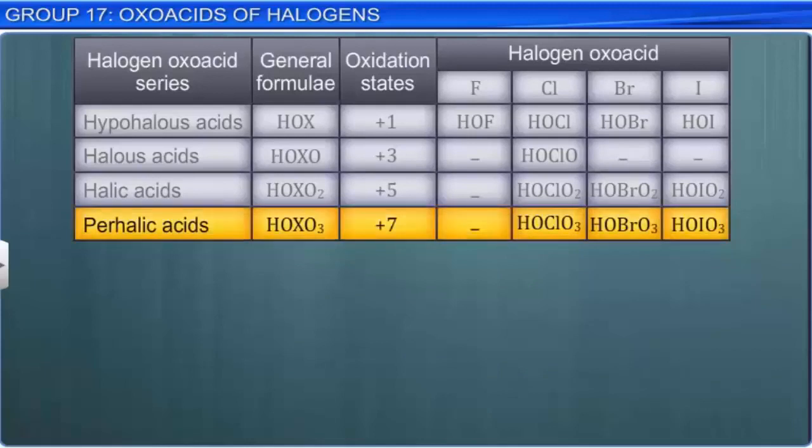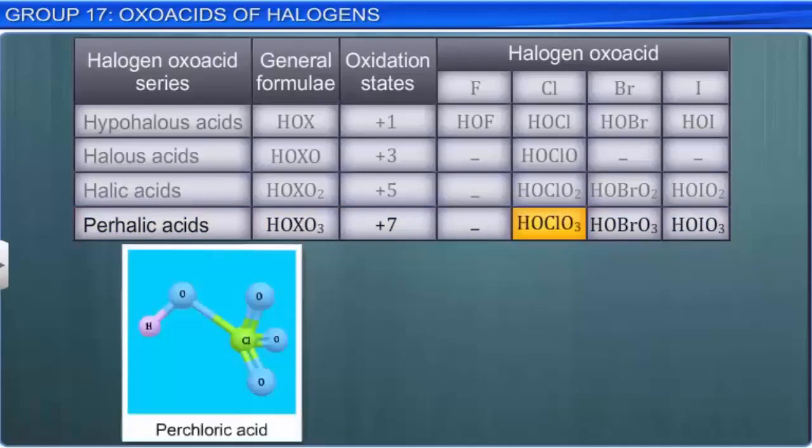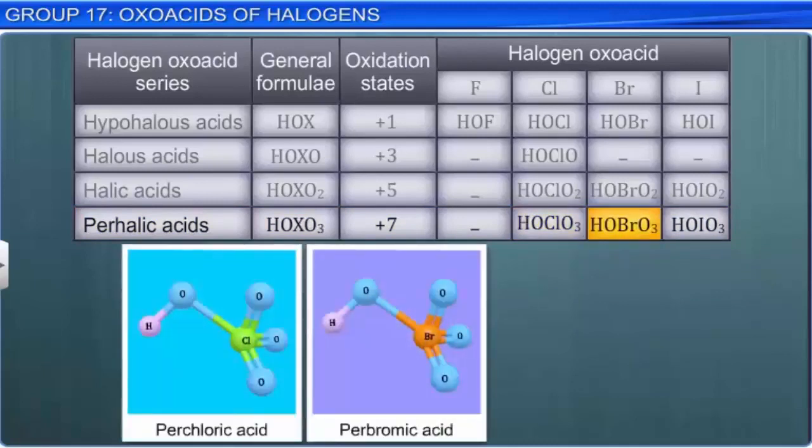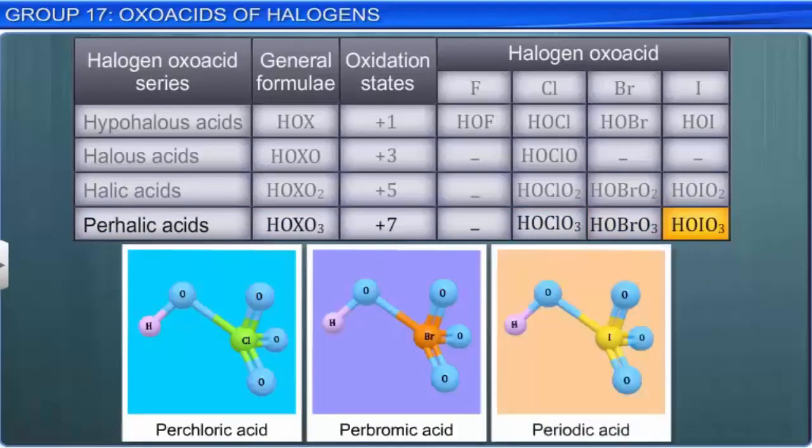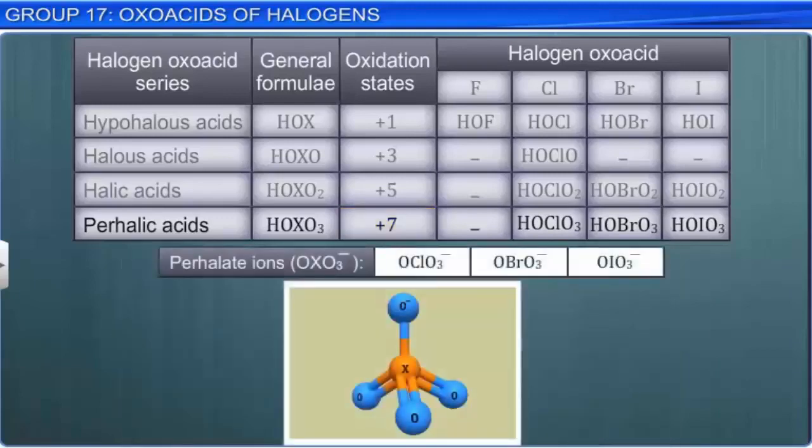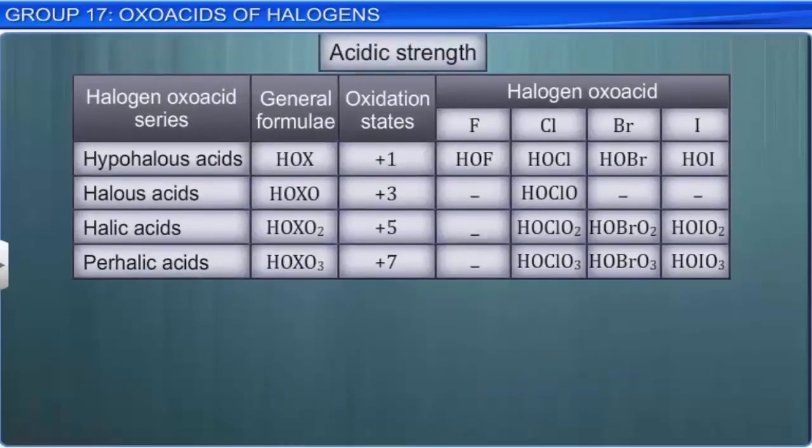The fourth series, that is, perhalic acids, includes perchloric acid, perbromic acid, and periodic acid. The oxidation state of the halogen in these oxo acids is +7. The shape of the perhalate ion is tetrahedral. In any series of oxo acids of halogens, the first member possesses high acidic strength.